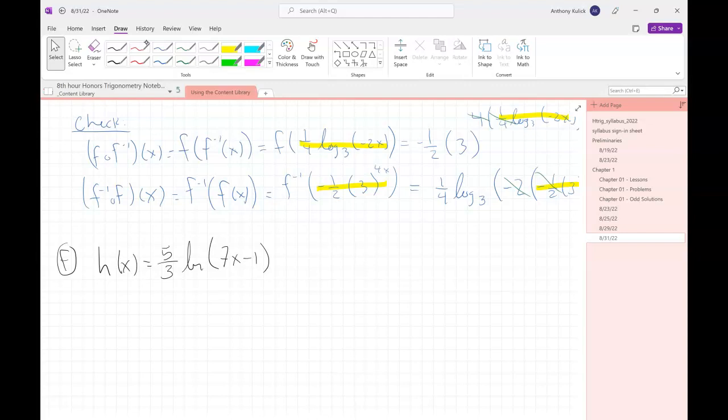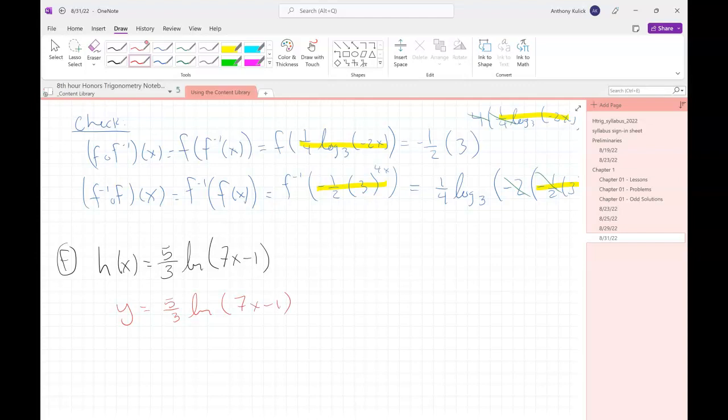It's got a log in it, so it's logarithmic. What does the graph of a logarithmic function look like? Just whoop, kind of like that. Does it pass the horizontal line test? Yeah, that's the point. So we're good. Nothing to worry about here as far as domains go.